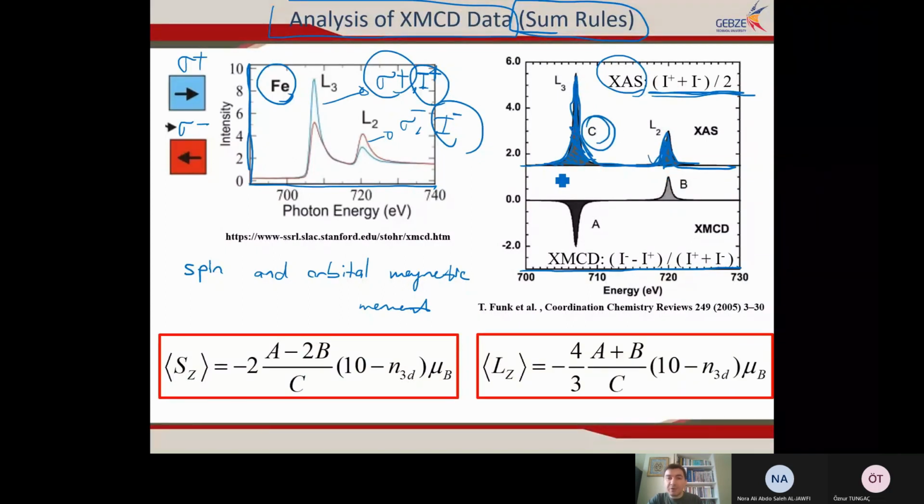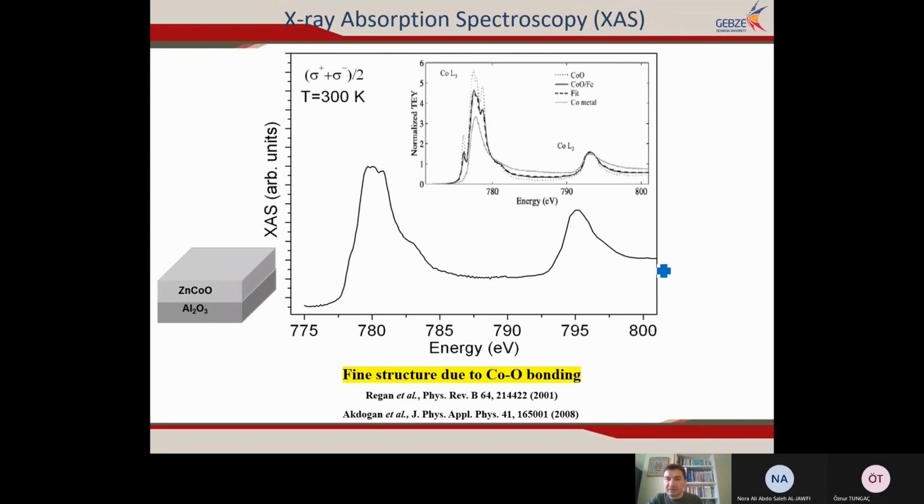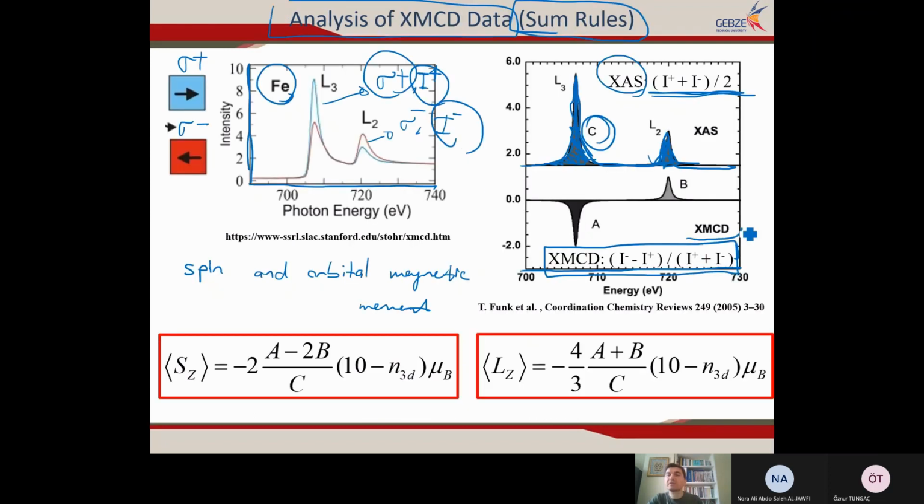And if you plot these intensities in this form, I minus minus I plus over the sum of the intensities, then you will get the XMCD, X-ray Magnetic Circular Dichroism. Then you will get this kind of data. You take the difference in the case of XMCD.